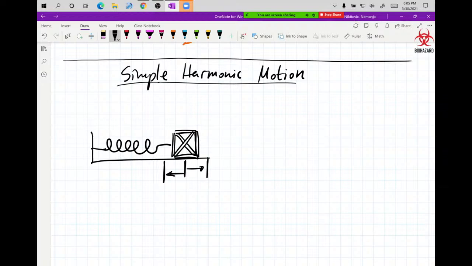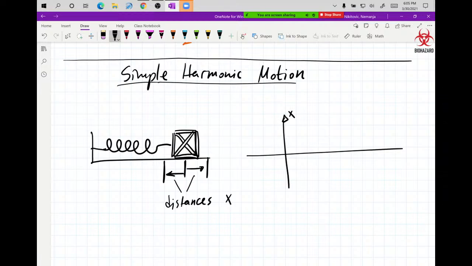And if you think about this, these are distances. We can call them x, right? And what you have is a graph of distance x against time t. Now you are going to say, why is my x on the y-axis? So x is the distance. I'm going to put the time axis on the x-axis, and the displacement that we calculated is going to be on the y-axis.